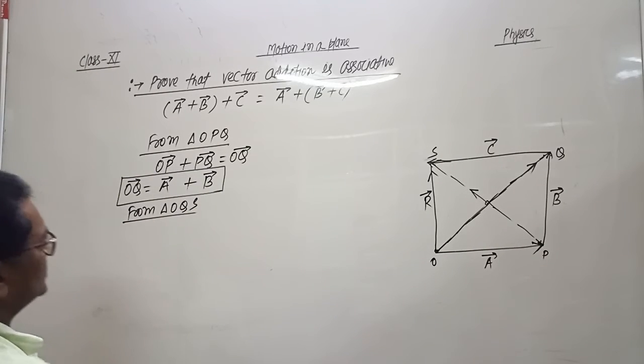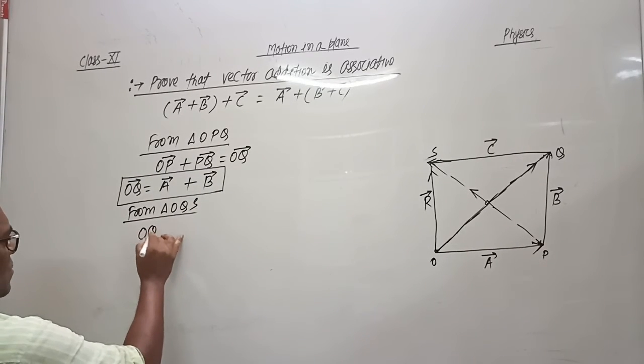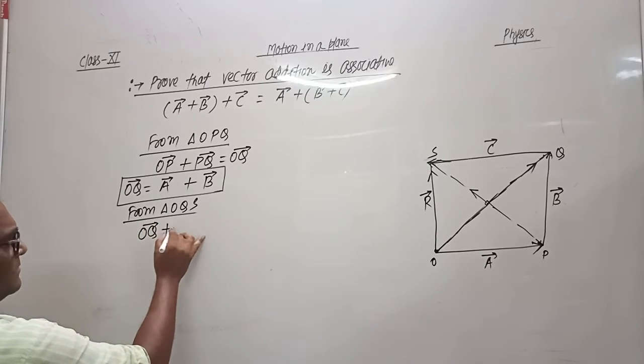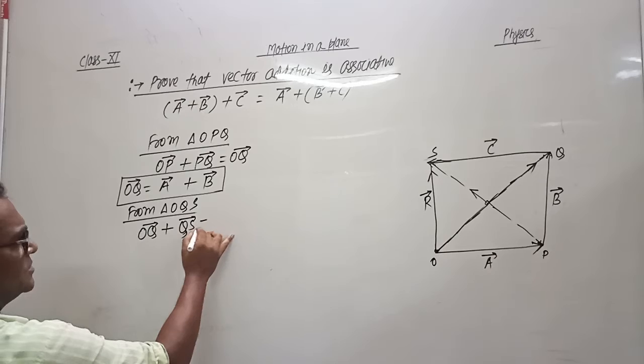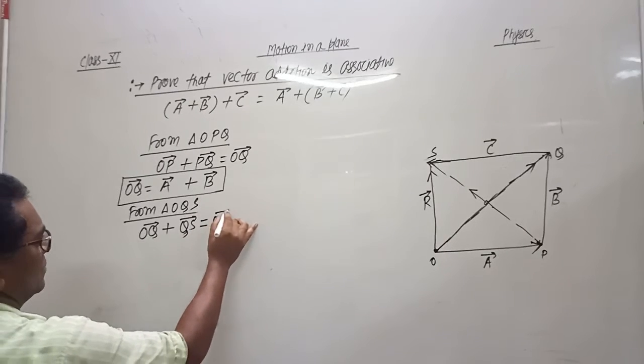So we can write vector OQ plus vector QS equals vector OS.